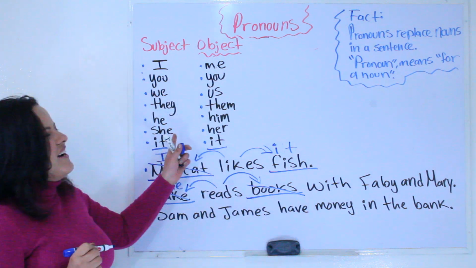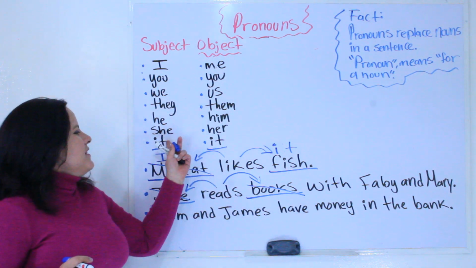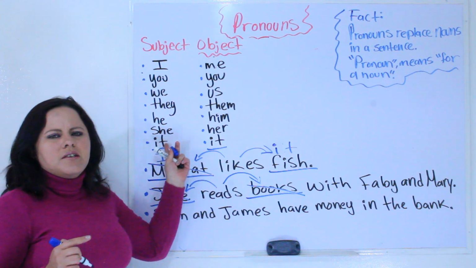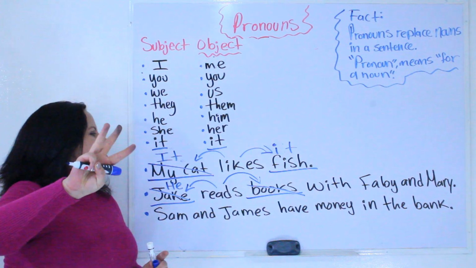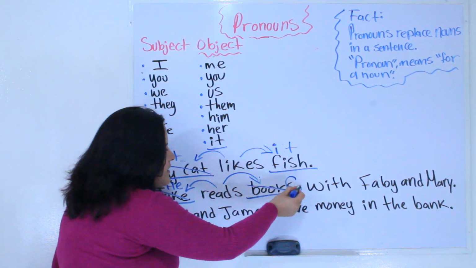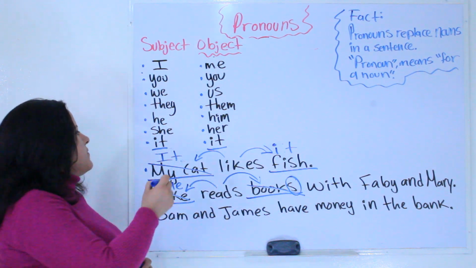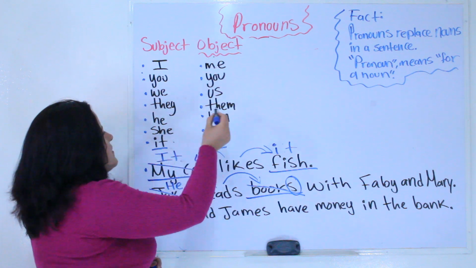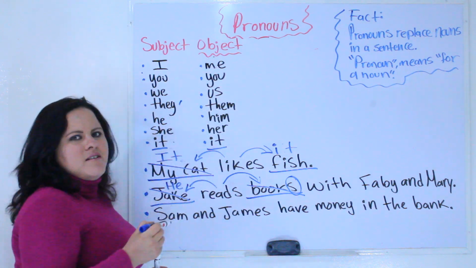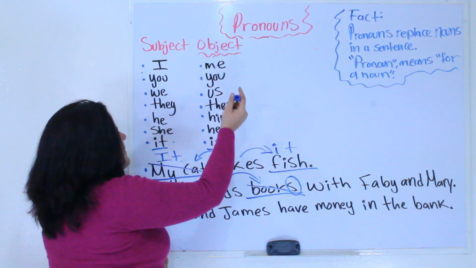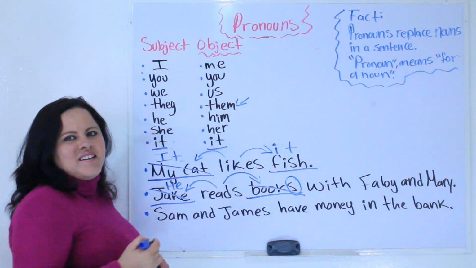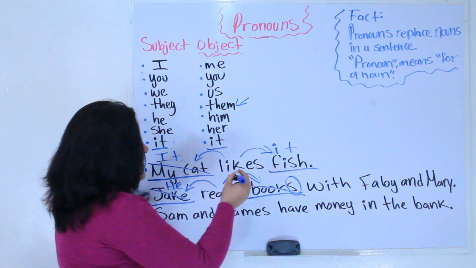Bye-bye, books. Alright, so will we use it? No, because it's more than one book. It's maybe 2 books or 3 books because we have an S here. So we will not use it, we will use they. No, not they, because it's not the subject. It is the object. Alright, so we use them.